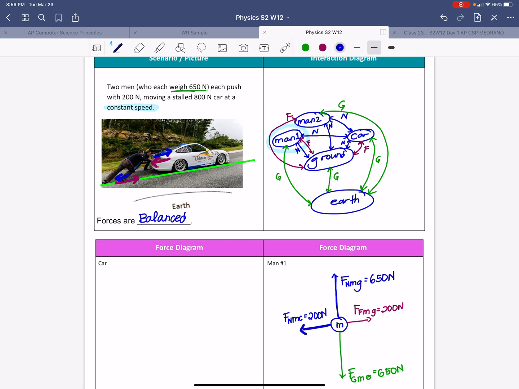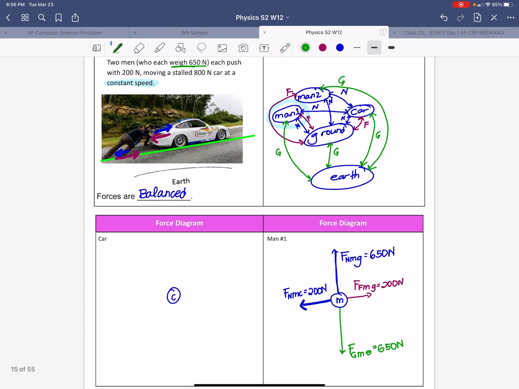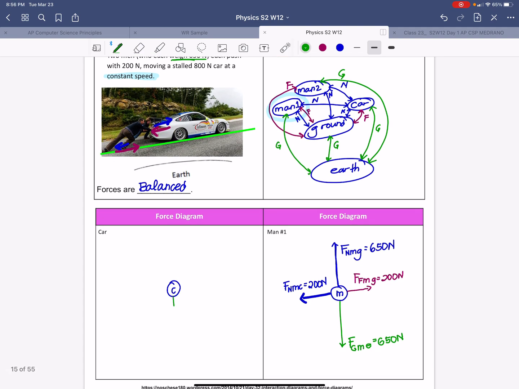And now for the car. The car interacts with the Earth at 800 newtons. So this will get a force of gravity on the car from the Earth at 800 newtons. And there will be a normal force on the car from the ground, also at 800 newtons.